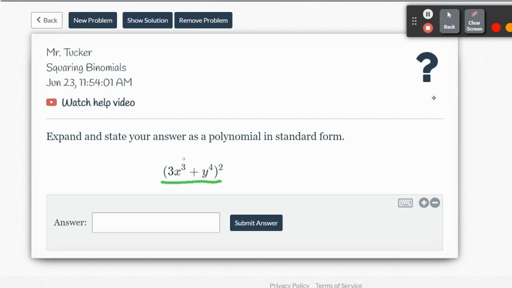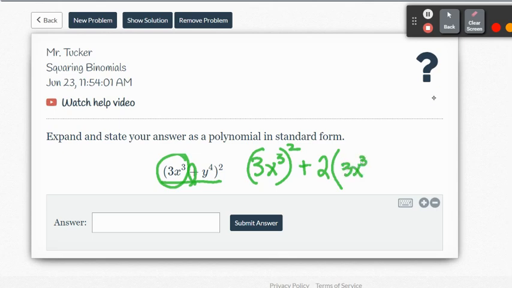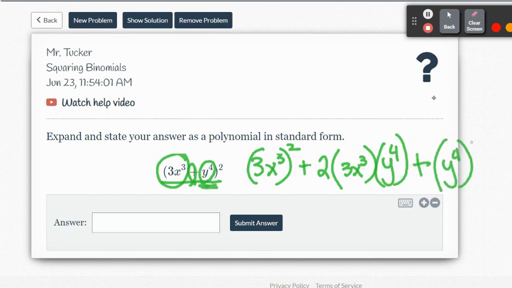I can just take the pattern, which is first term squared, so (3x cubed) squared, plus, so same sign, 2 times the first term, 3x to the third, times the last term, y to the 4, and then plus the last term, y to the 4, squared. If you write it twice and double distribute, you'll get exactly this result.